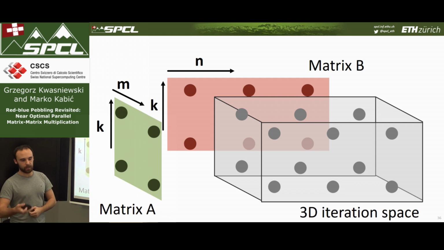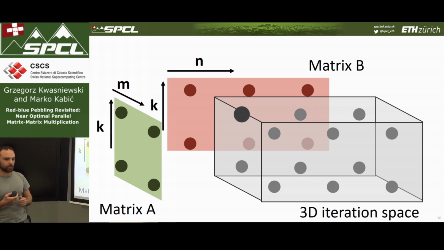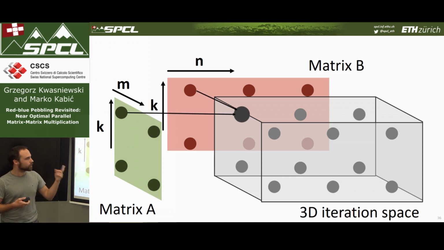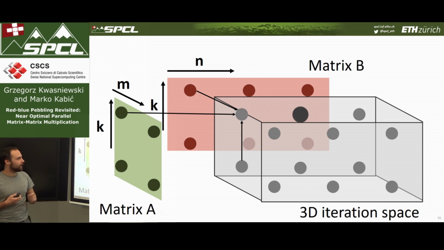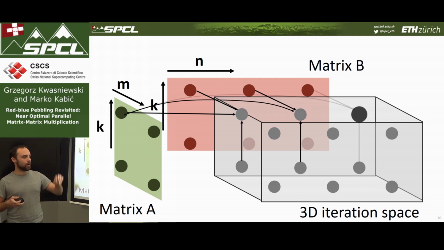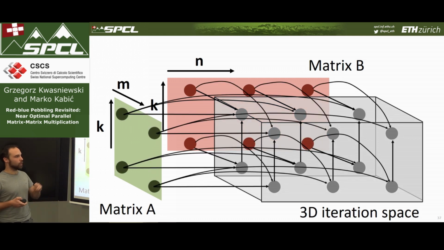Now looking at the data dependencies, for example, for this result of multiplication, we need these inputs from matrices A and B, and also the previous result from the reduction from the matrix C. Now looking again at the remaining vertices, we form the data dependencies forming these edges, and this is how our matrix multiplication CDAG looks like.